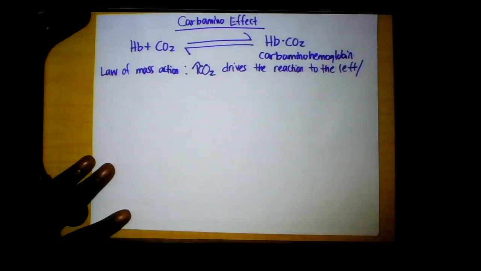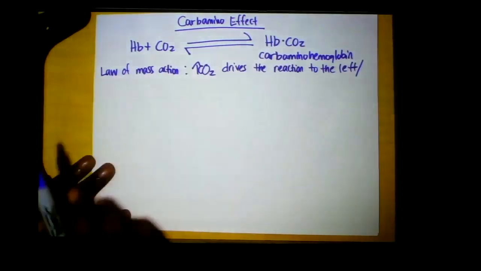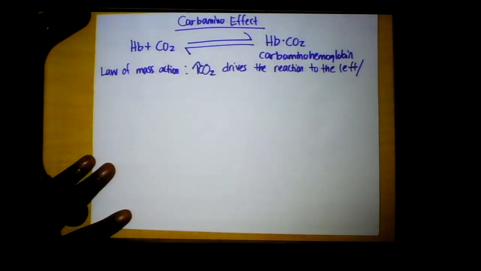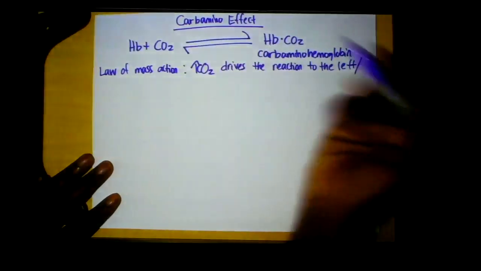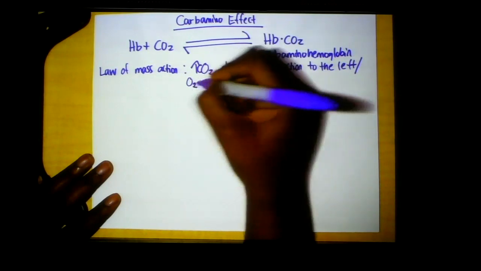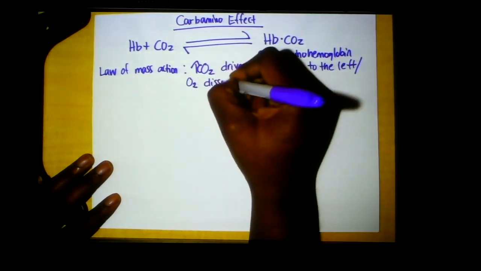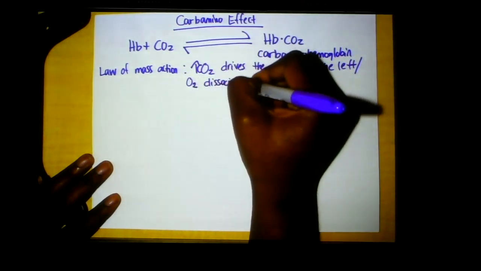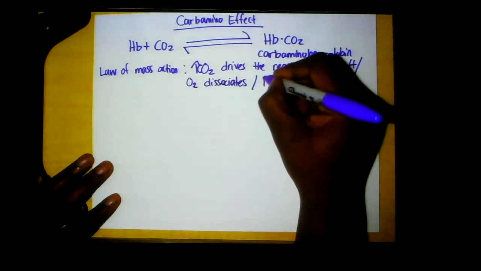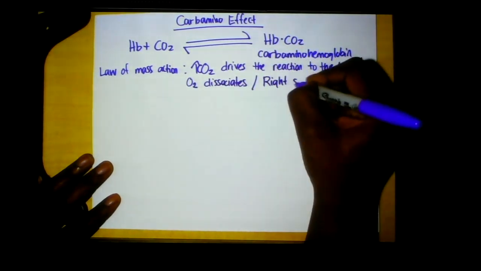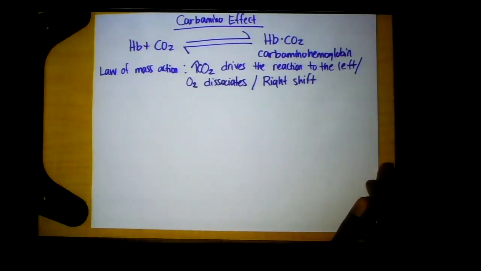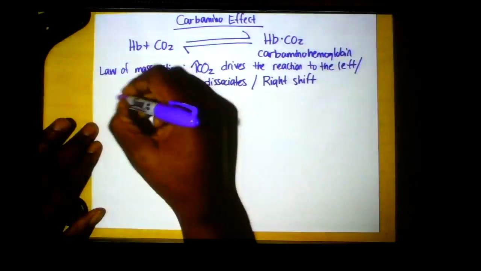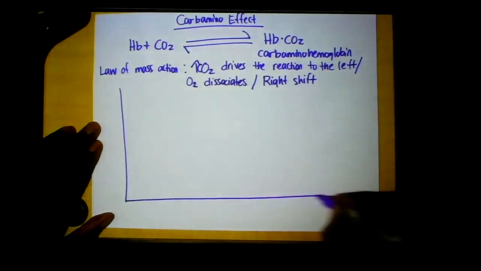Okay, and again, if we are driving the reaction to the left, we're simply dissociating oxygen off from hemoglobin. Okay. Which is right shifting. Okay, so this is also aligning with that increase in metabolic activity. And we'll just illustrate that here.